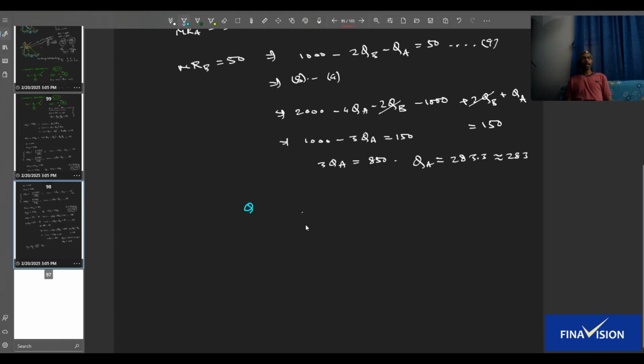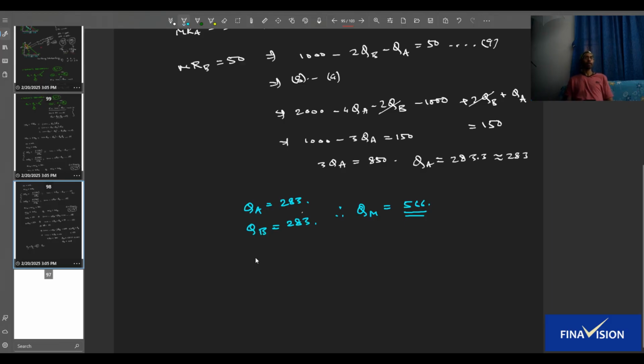So QA is equal to 283. If you try to find out QB, this will also be possible in the same manner, and the value will also be equal to 283, right? Therefore, QM is equal to 2 into 283, which is 566, right friends?